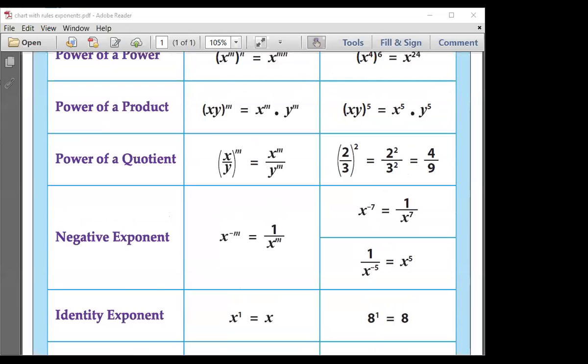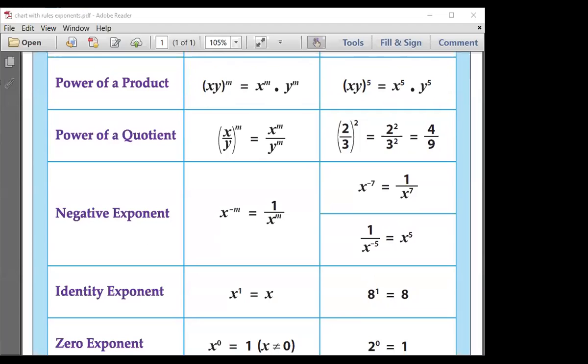You are going to distribute 5 over the parentheses, right? How many above x here? You have exponent 1, right? Then you will multiply 5 multiplied by 1. So the answer will be x power 5, y power 5.